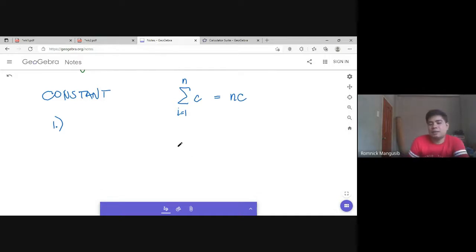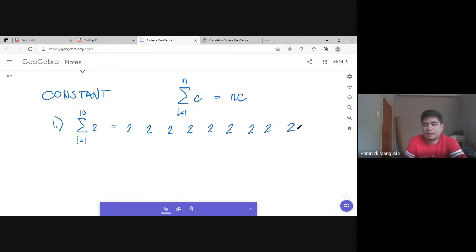Or ang ibig sabihin, if you have a given that is, what is the summation of 2 from 1 to 10? Ibig sabihin, from 1 to 10, so 1, 2, 3, 4, 5, 6, 7, 8, 9, 10.